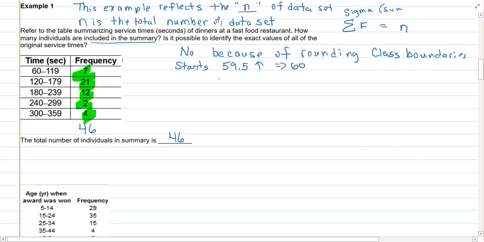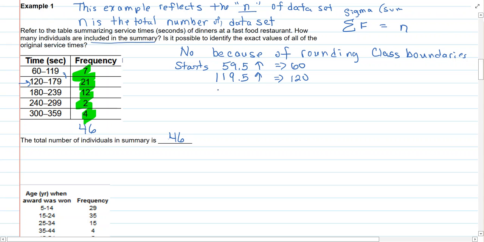And anything from 119.5, which is the number from here to here, and up equals 120.